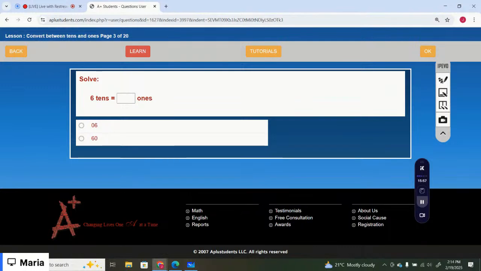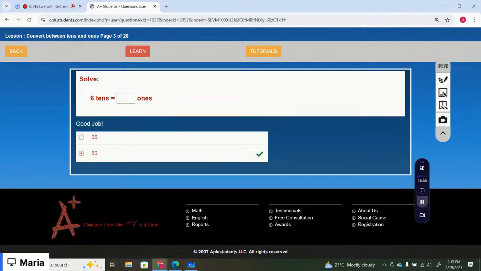6 tens equal how many ones? Six tens equals 60 ones.